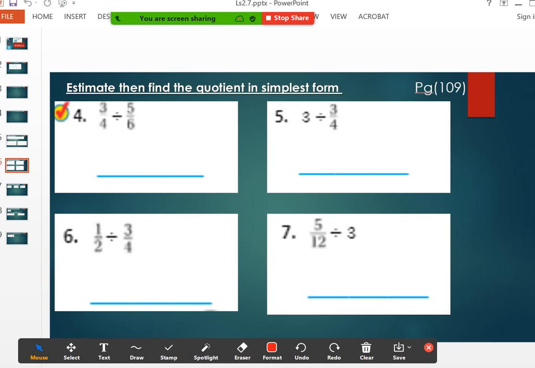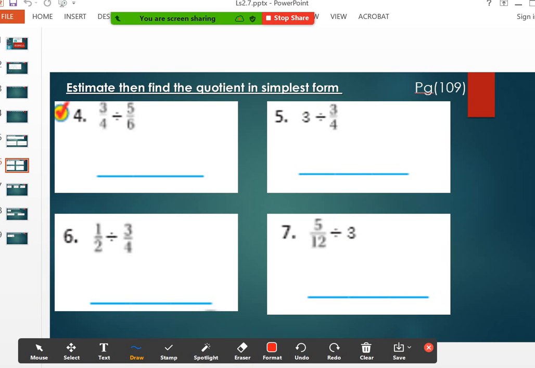So I actually prefer the multiplicative inverse, as I said. So I will use this strategy. You can use another strategy. Let's start with who will help me to divide 3 by 3 over 4 by using the multiplicative strategy.